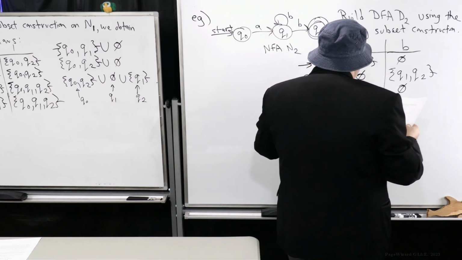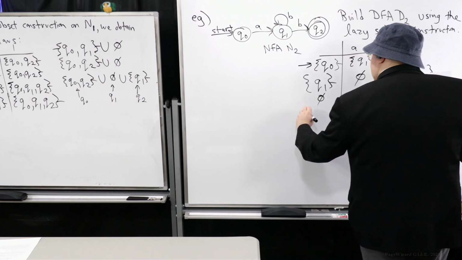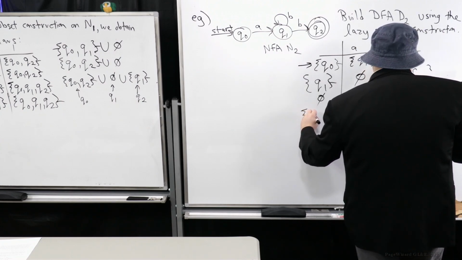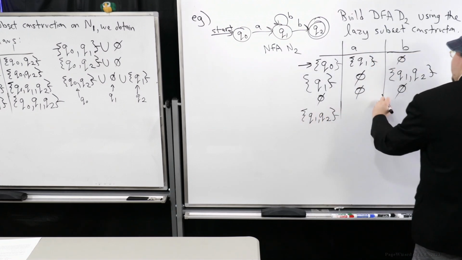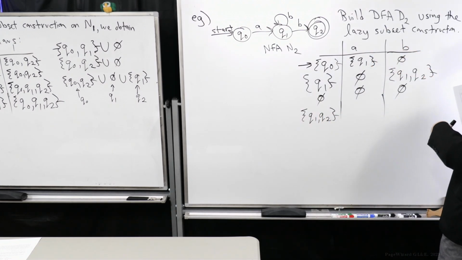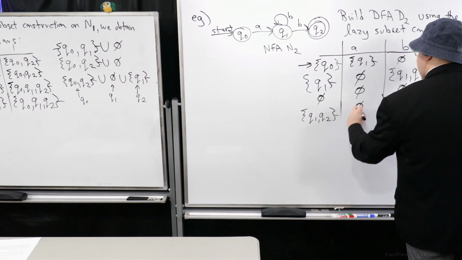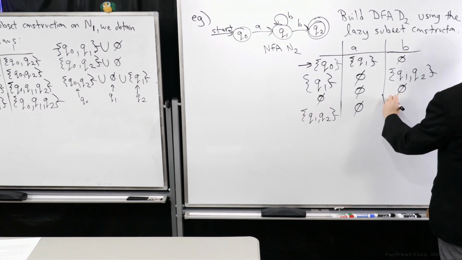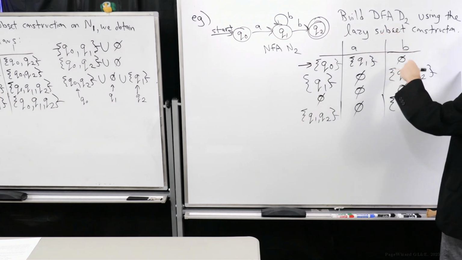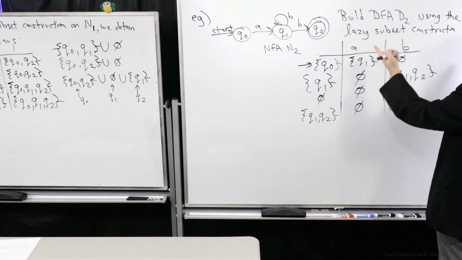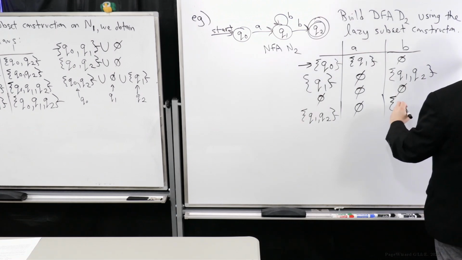Then I have this one. This was the next one I've discovered, but doesn't have a row. So Q1, Q2. In Q1 or Q2, when I read an A, nothing, right? However, on B, Q1 can transition into Q1 or Q2. And Q2, there's nothing going in and out of Q2.